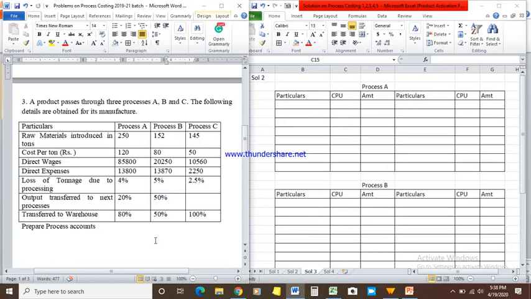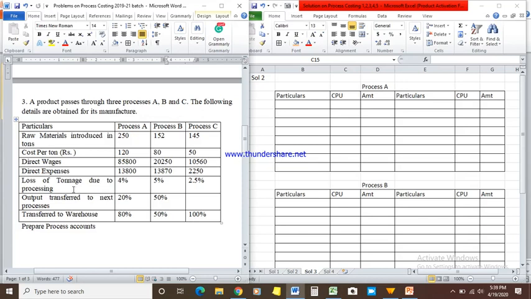Now in this problem, if you observe the third one, a product passes through 3 processes A, B and C. The following details are obtained for its manufacture. Raw material entered is in tons, so again in terms of how much quantity has been introduced. The cost per ton is given, that is 120 rupees per ton. Direct wages, direct expenses.